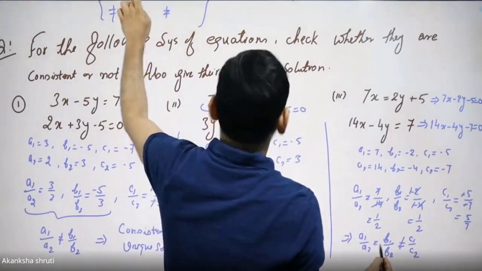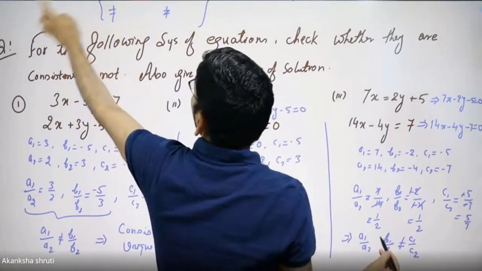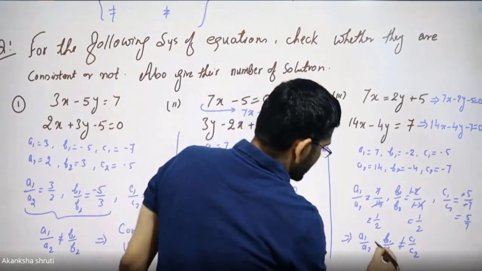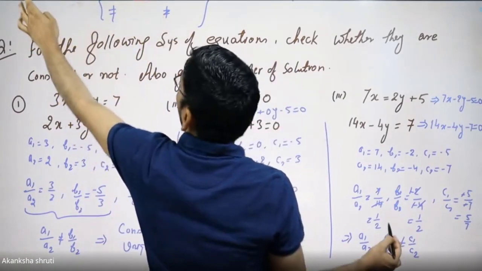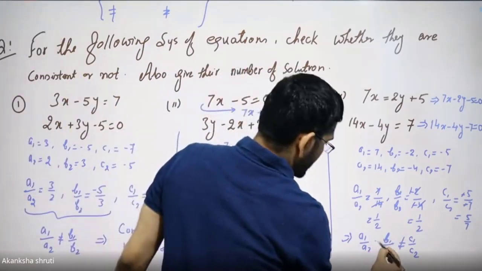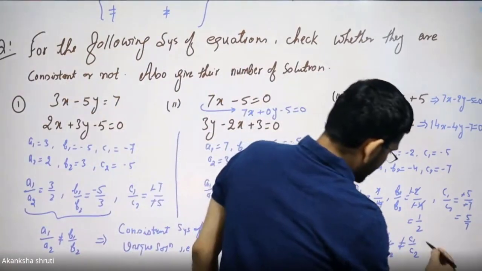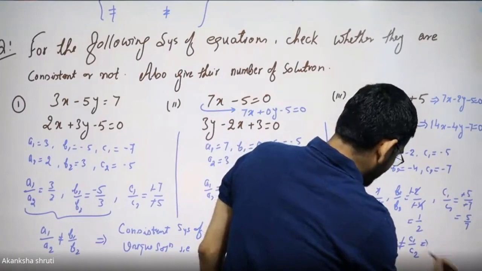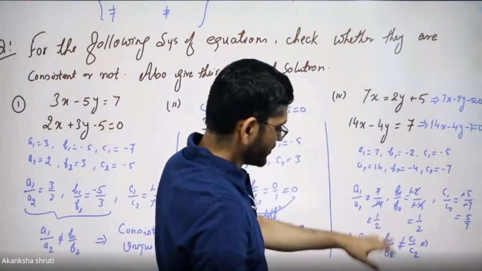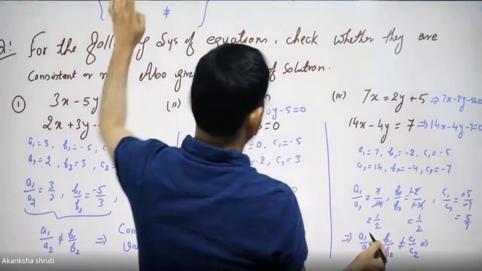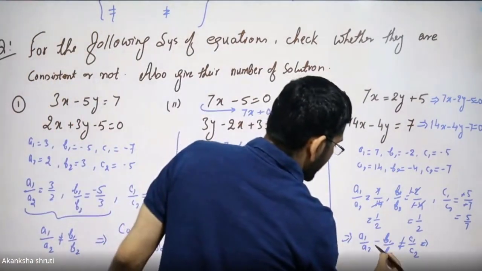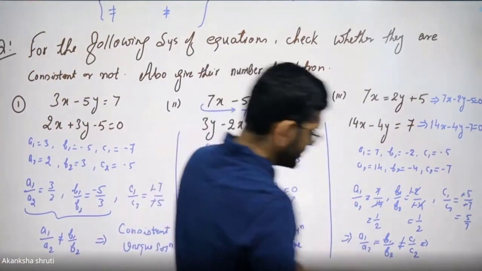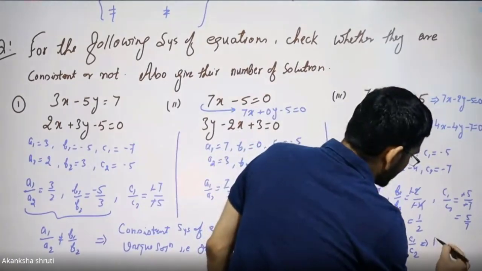Okay, students? So this way, we are able to understand that when A1 by A2 is equals to B1 by B2 is not equals to C1 by C2, this is the condition of no solution.